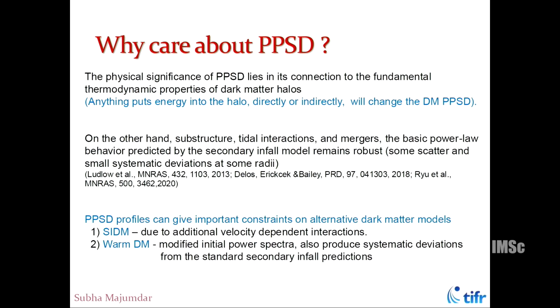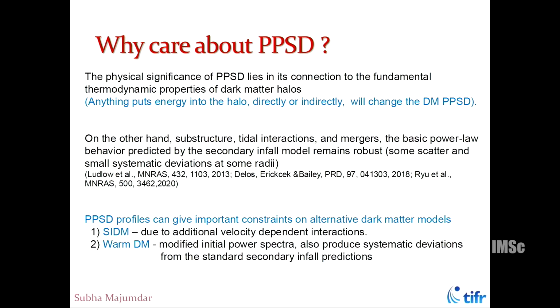Okay. So why care about this phase space density? The reason is that this has a fundamental connection to the theoretical properties of dark matter halos. Anything that puts energy into the halo directly or indirectly will change this CDM pseudo phase space density. On the other hand, it has been shown that substructure, tidal interaction, mergers, do not change the phase space density.